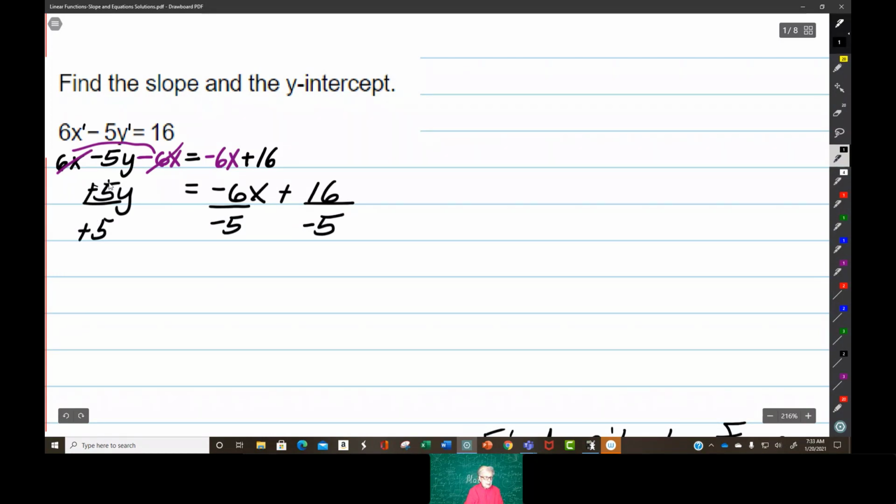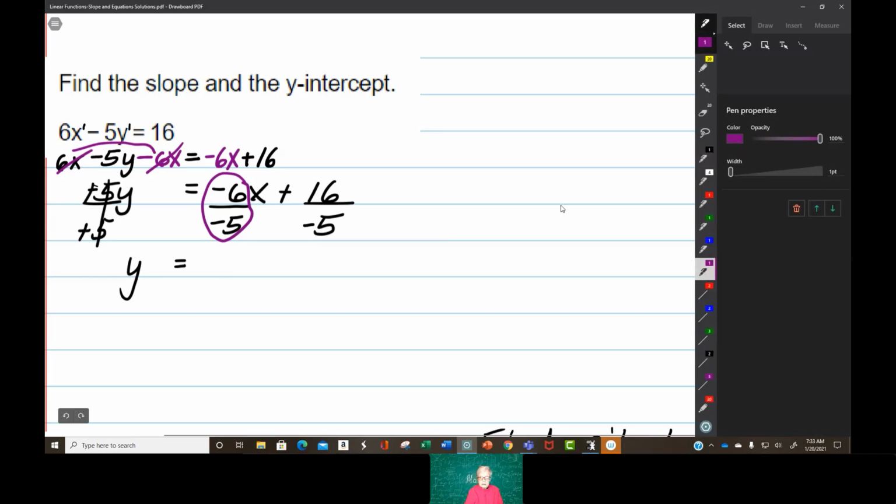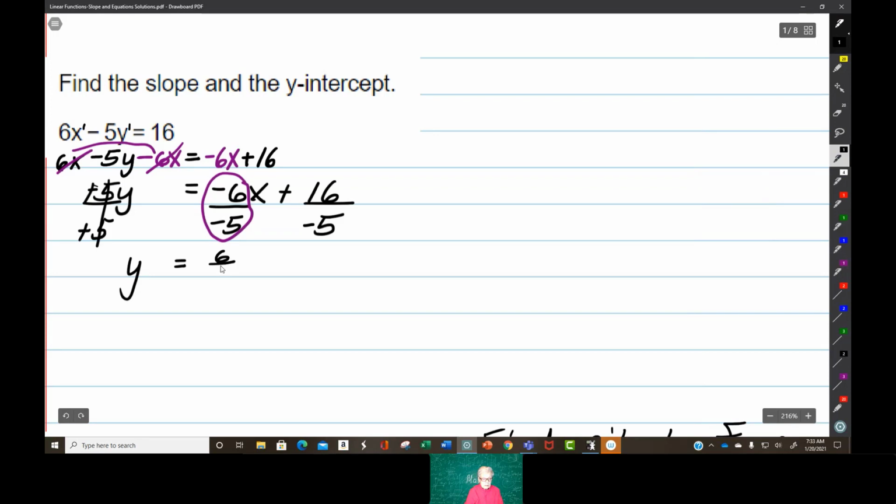The negatives cancel, the 5s cancel. I have y equals negative 6 over negative 5, which is positive 6/5 x.